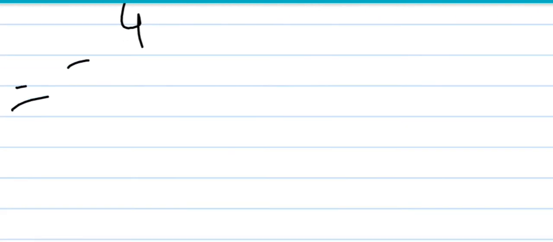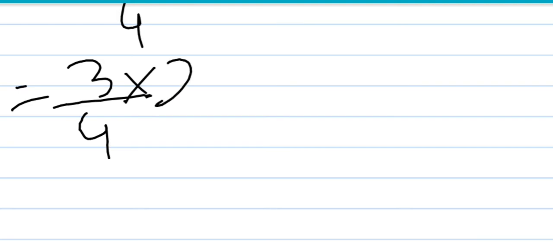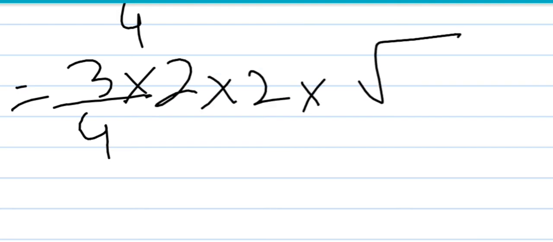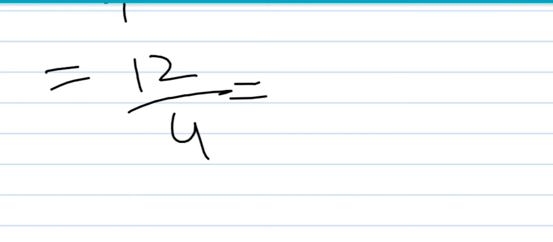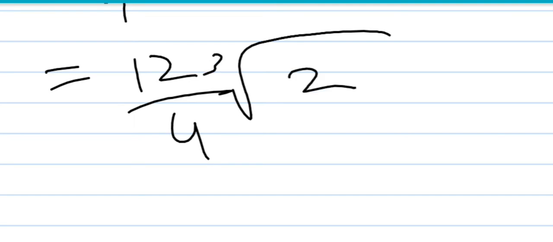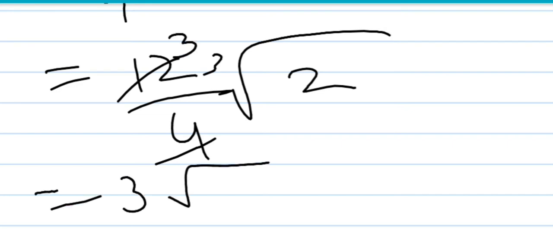It is equal to 3 divided by 4 multiply 2 multiply 2, and multiply cube root 2. 3 2s are 6, and 6 2s are 12. It will become 12 divided by 4 cube root 2. 4 3s are 12, and 3 into cube root 2 is the answer.